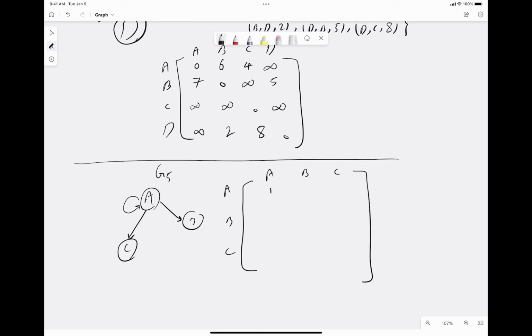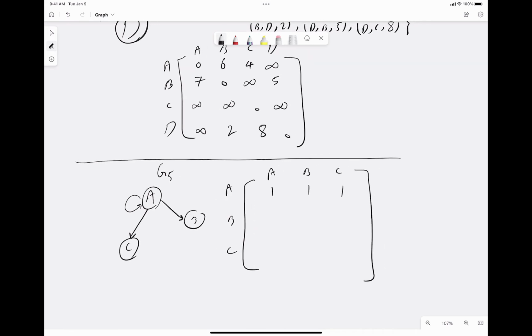So from A to A there is an edge, and from A to B and C there is not. Let's also put one from B to C just to have some entry here. Here is 0, B to B was also 0, B to C is 1. But for the vertex C, there is nothing, so it's all going to be 0 as we see here.